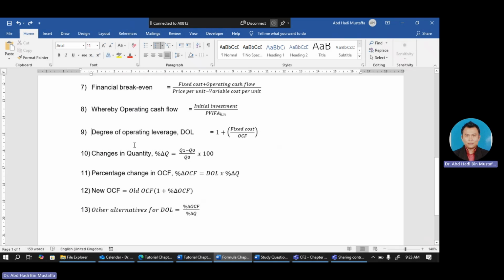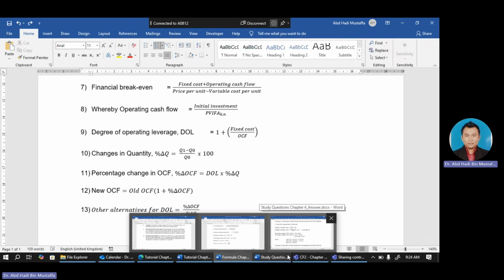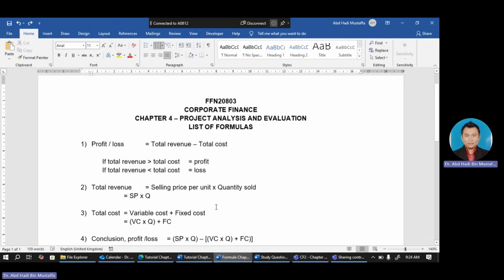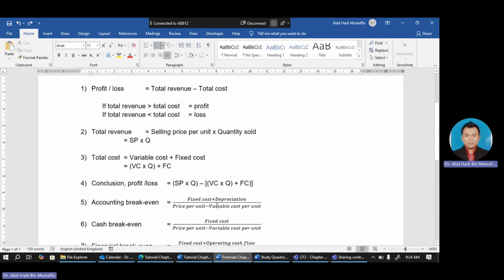So that is the step. Because this is the old DOL. But if it is new, meaning new DOL, the OCF must also be new. If you look back at the answers that I gave in question number 8, 9 and 10, it's the same steps. Okay, so with that, chapter 4 is already covered.